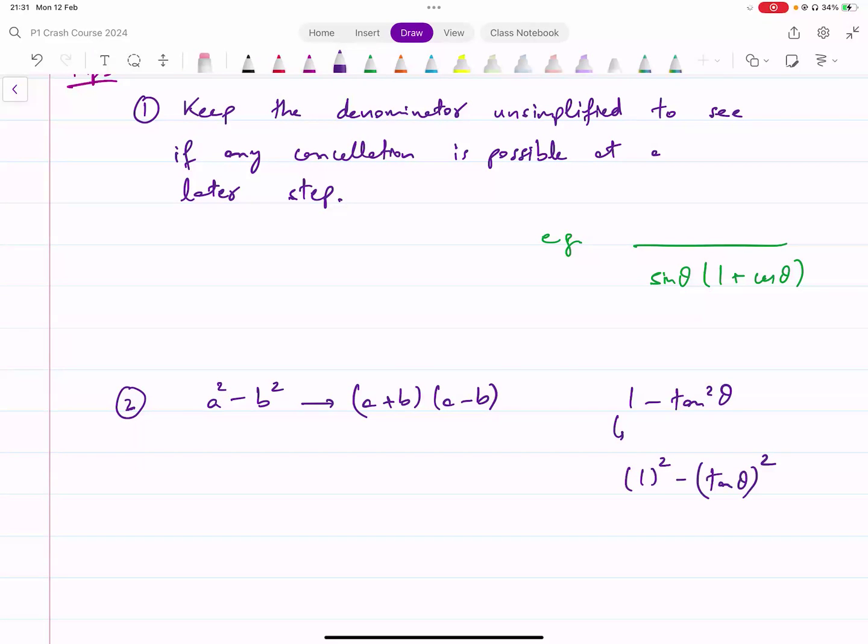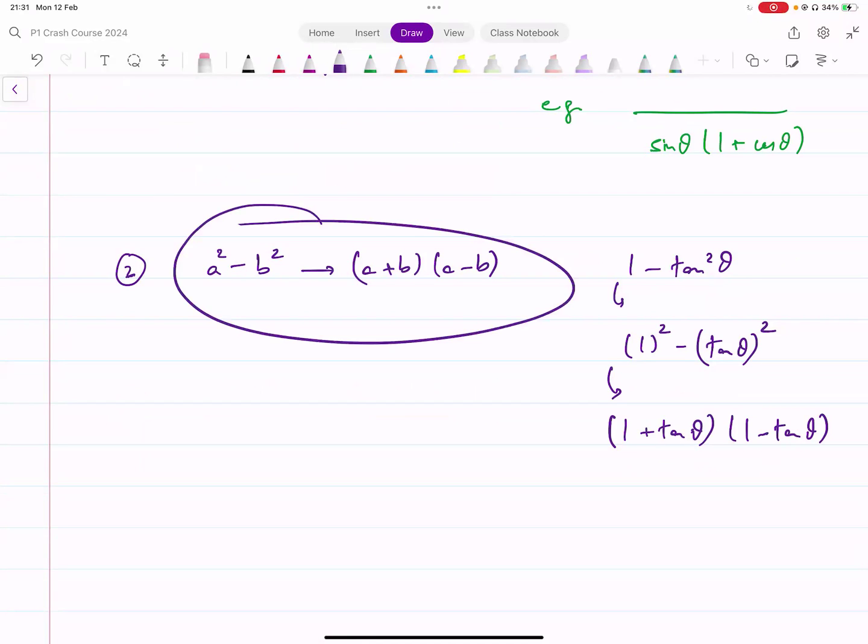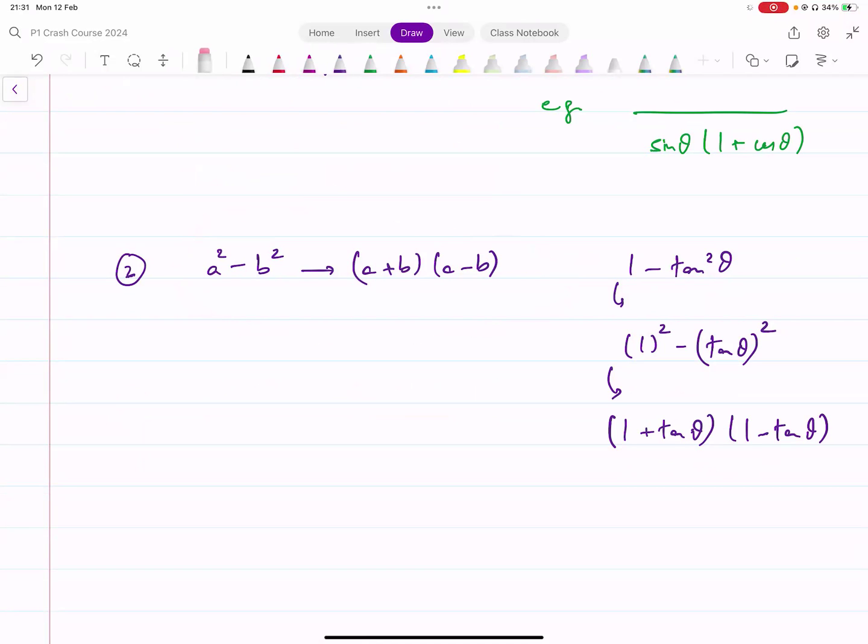So it becomes a squared minus b squared. And then it could be written as 1 plus tan theta into 1 minus tan theta. So you have to do this a lot. Okay, so keep this identity in mind. It's used a lot while proving identities. A square minus b square can be factorized like this, a plus b into a minus b.